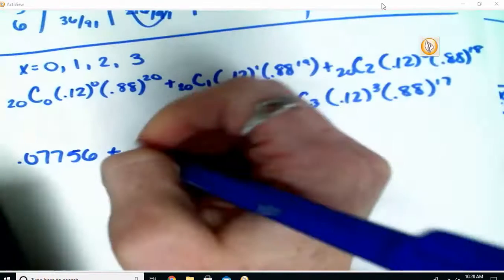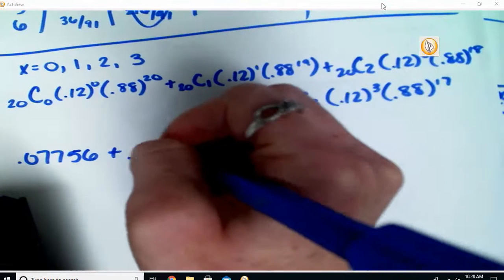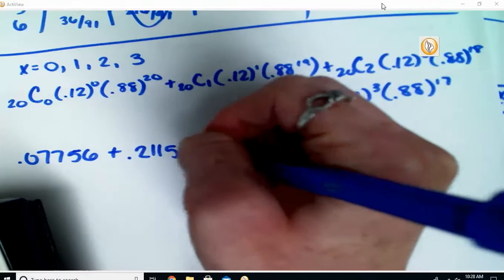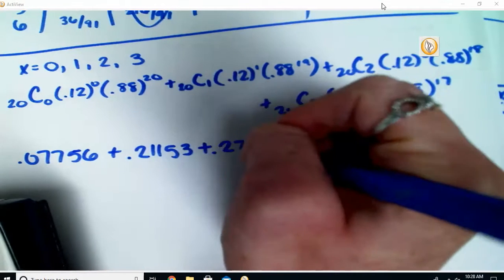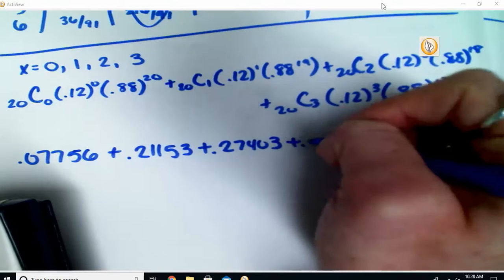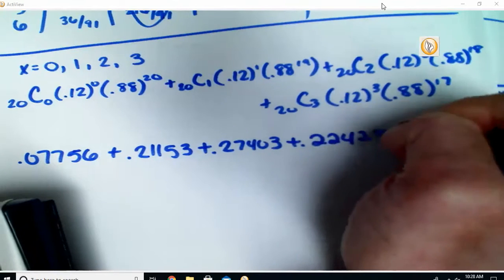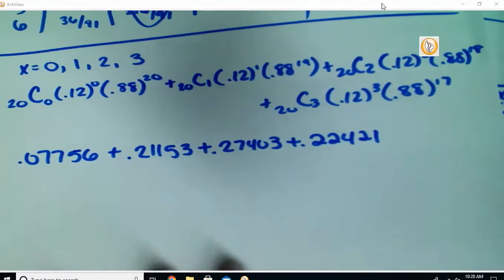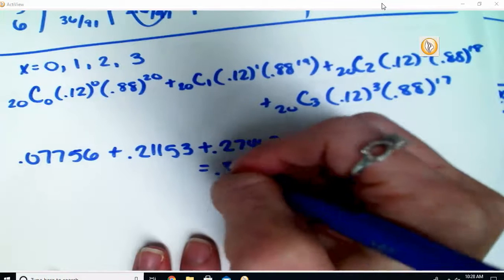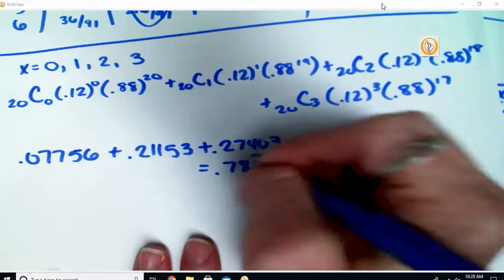Is everybody getting this? So if we do that, you should get 0.7873.